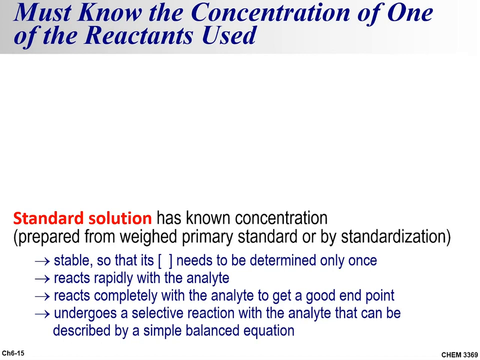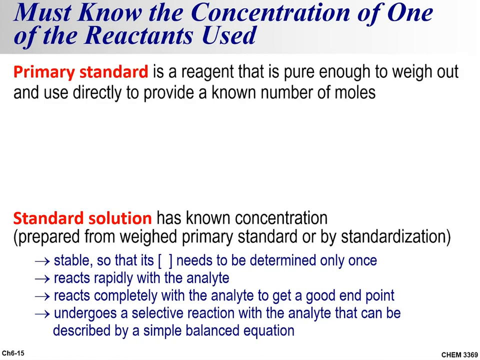Okay, so we need to introduce a primary standard, because in all titrations we do require a standard titrant. So this is the reagent with a known concentration. Okay, and the primary standard is a highly purified compound that serves as a reference material in titrations and in other analytical methods.